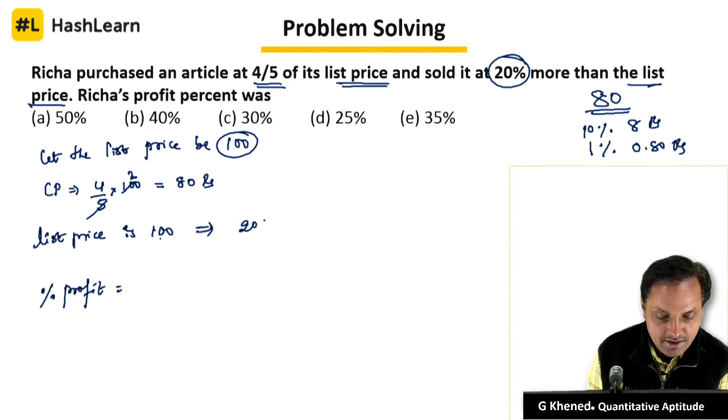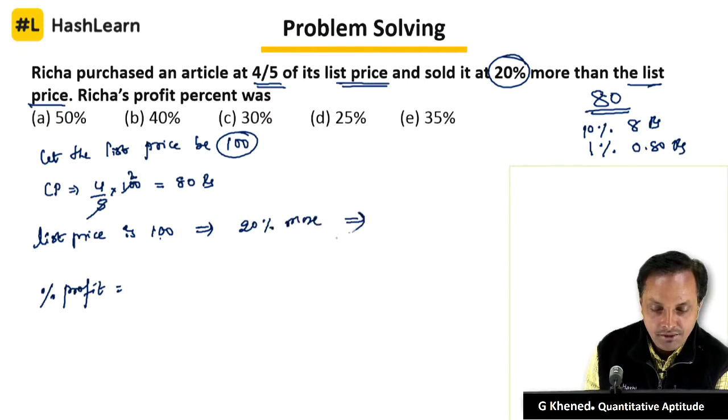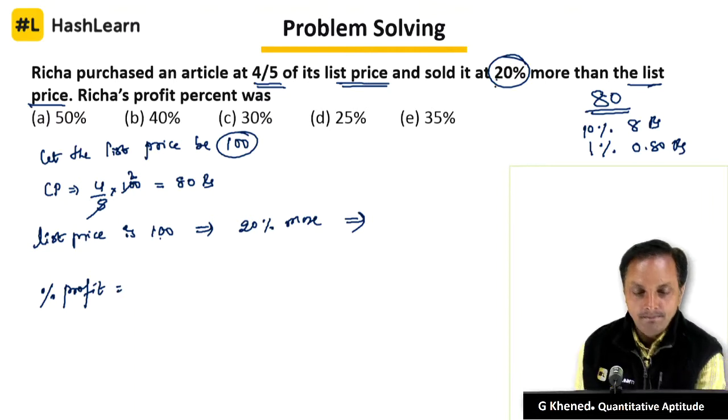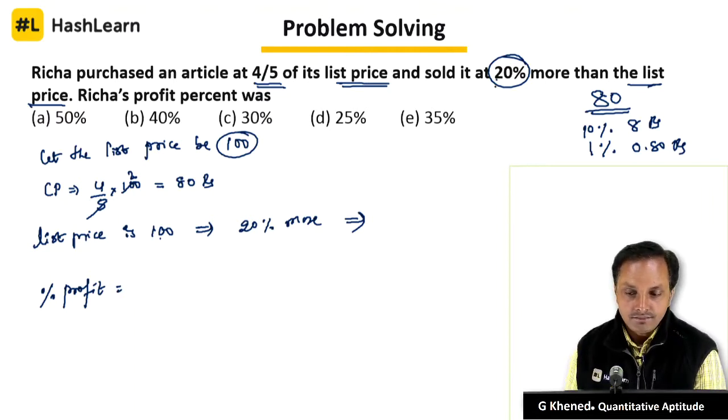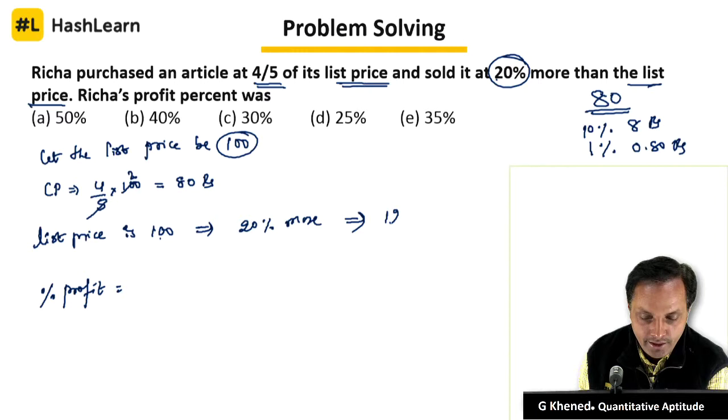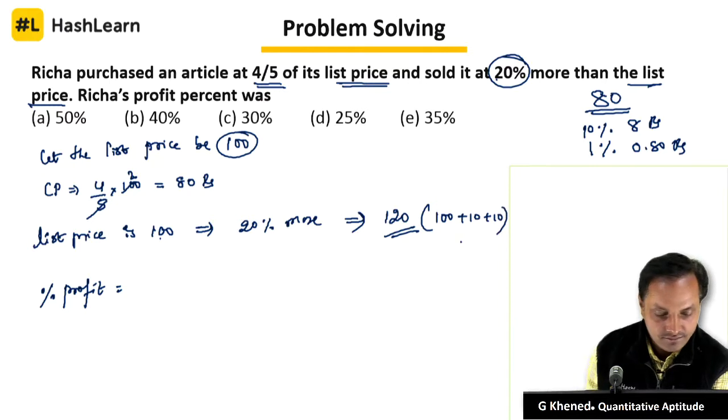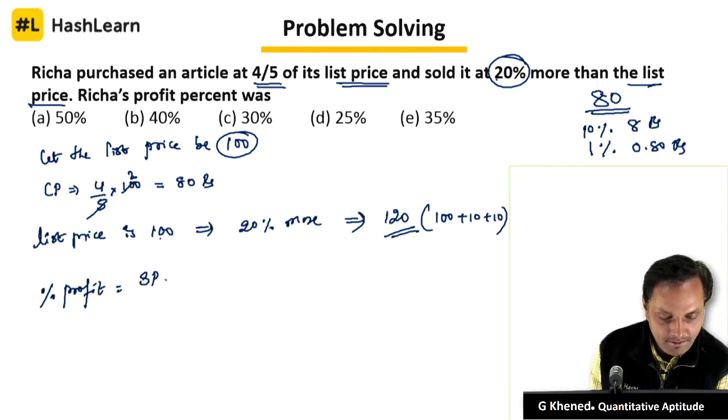So 20% more will give you 120 rupees, because 100 plus 10 plus 10. Then what is the profit? It will be selling price minus cost price, by the cost price.